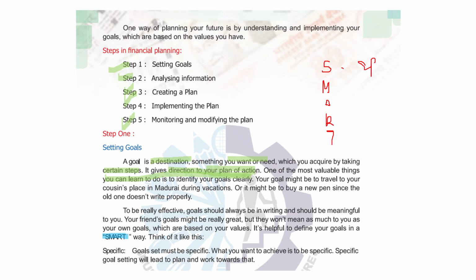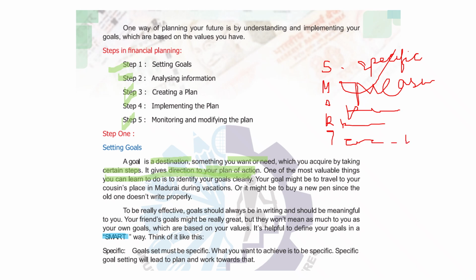Specific होना चाहिए आपका goal. ठीक है. Then M stands for measurable. You should know कि कितना आपको करना है. A stands for attainable. R stands for realistic. And T stands for time bound. That's how you make your goals. तो now हम आते हैं सबसे पहले specific पे.